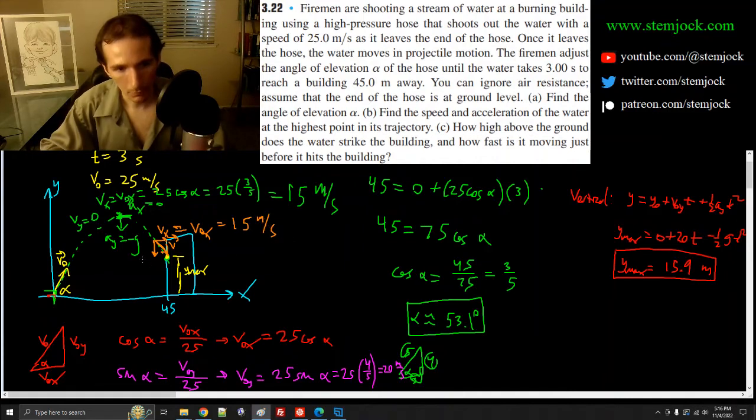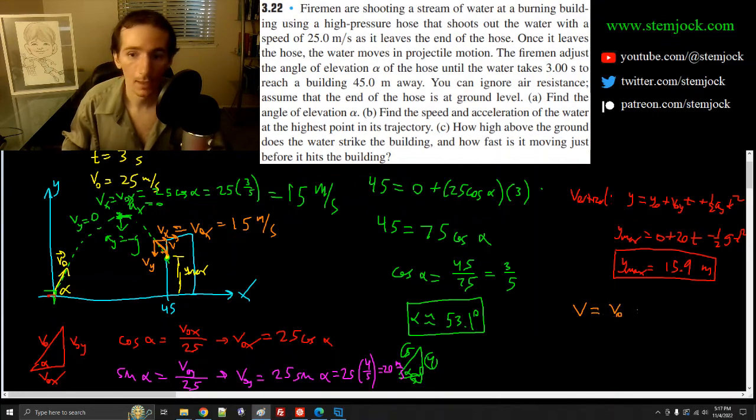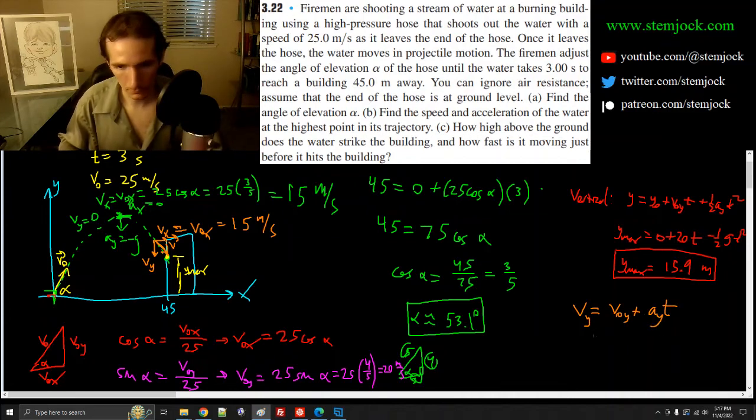And now Vy. So for that, we need to use the other kinematic formula, the one that relates final velocity and initial velocity. So V equals V0 plus at. I'm going to apply this in the y direction. Vy, that's what we're looking for, equals V0y.